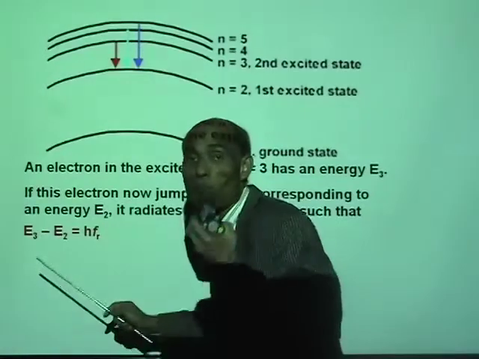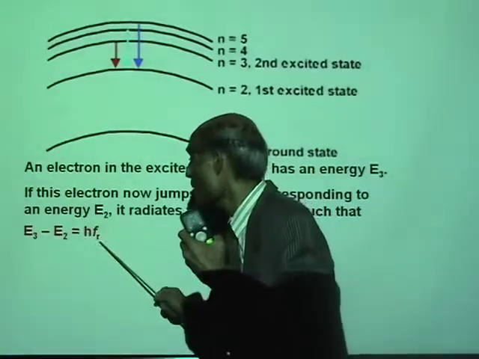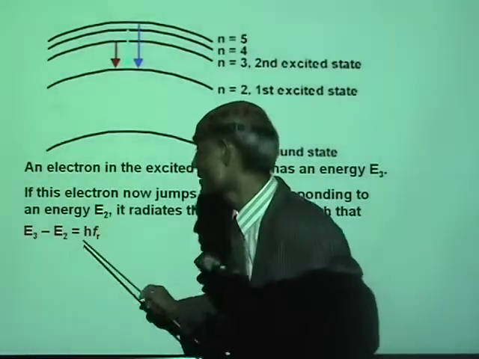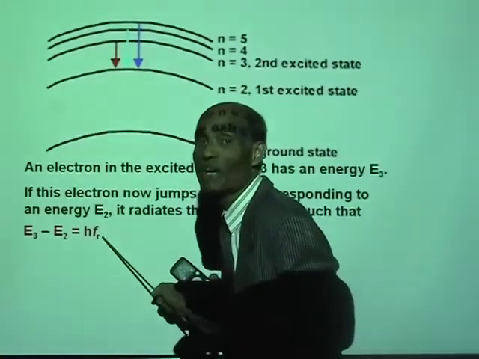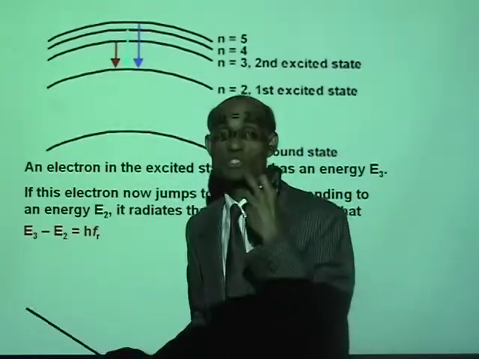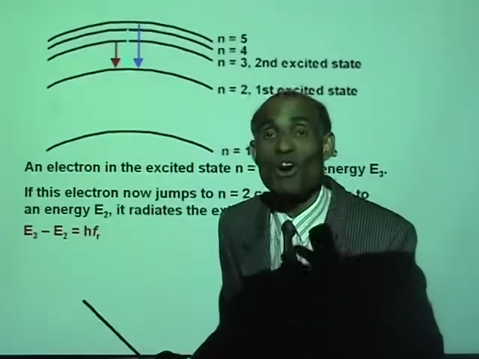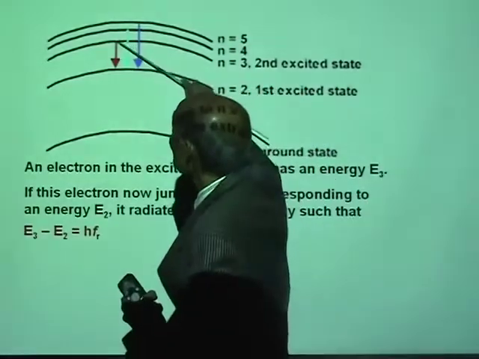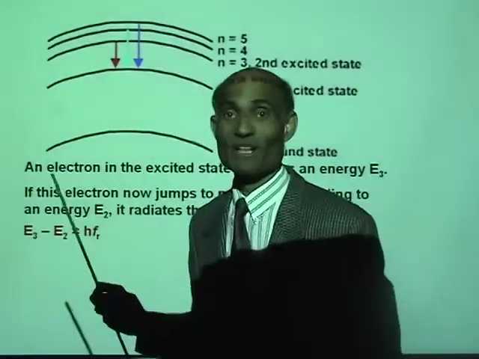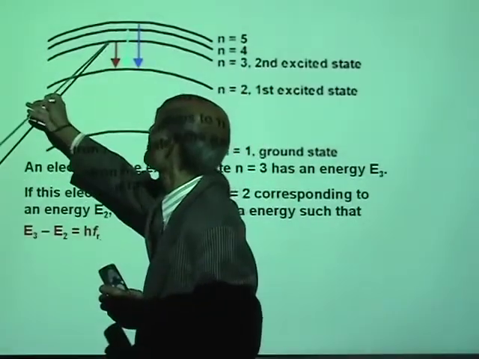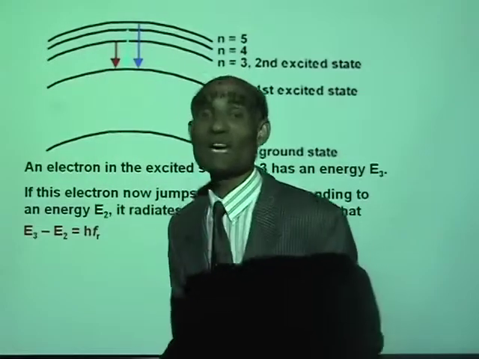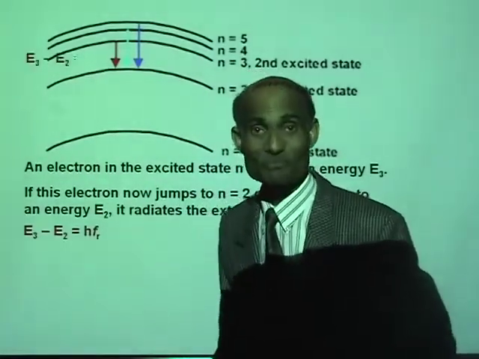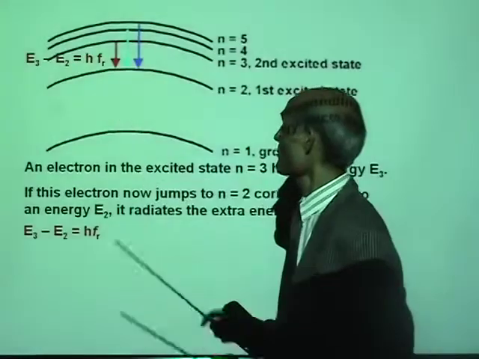And this bundle of energy is what we call the red photon, and its frequency is h f red, where f red stands for the frequency of red. You see, that is how you get the red color. Red color is emitted by an electron that jumps from n equal to 3 to n equal to 2. Isn't that beautiful? There you are.